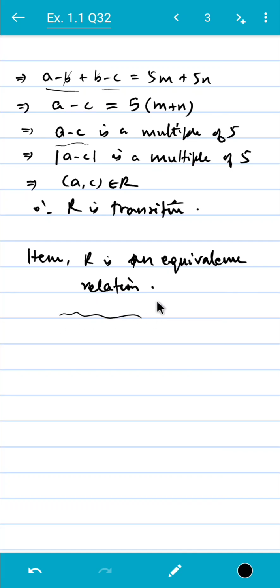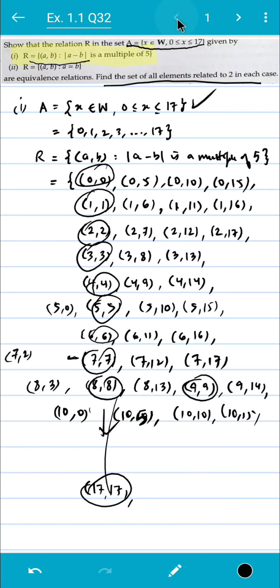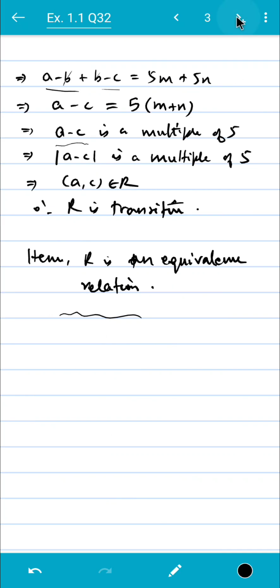The second part of the question says find the set of all elements related to 2 in each case. So in question 1, what are the elements related to 2?